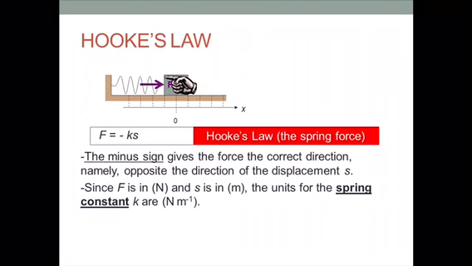If you push the spring to the left, the force is to the right, and vice versa. Since F is in newtons and s is in meters, the unit of the spring constant, denoted as k, is newtons per meter.